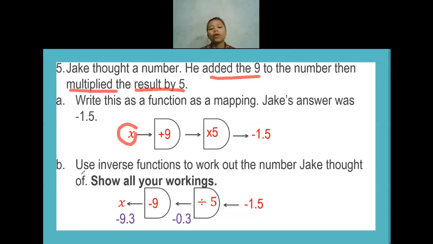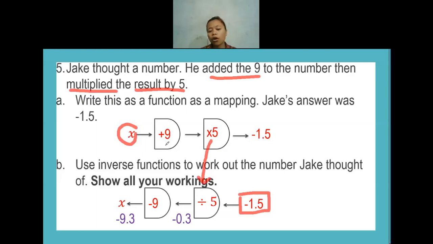Now for question B, we have to use the inverse function to work out the number that Jake thought of. We already have negative 1.5 as the output. Because we already have the output, we are going to find the input. We have to do it from the back, with the opposite. This is times 5. The opposite of times 5 will be divided by 5.